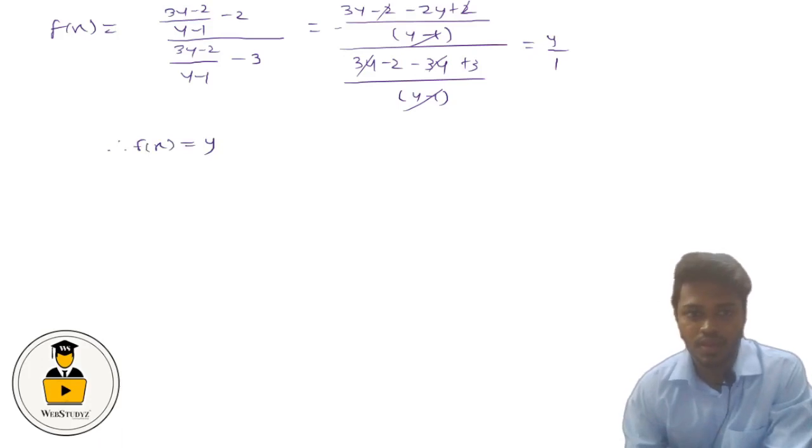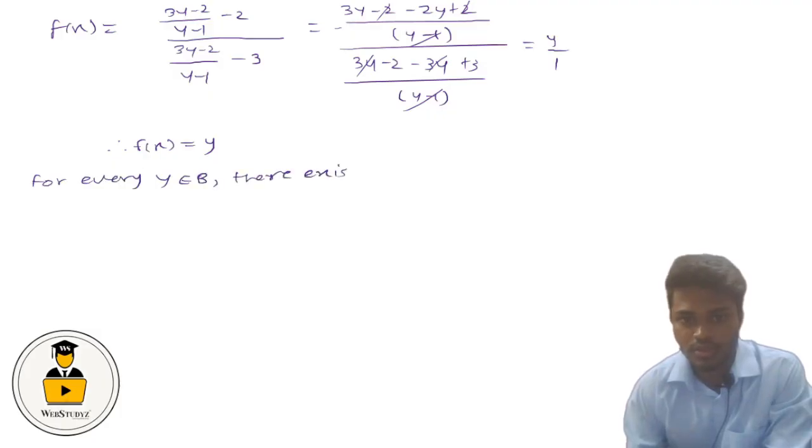So we can see that for every y belonging to B, there exists x belonging to A such that f of x is equal to y.